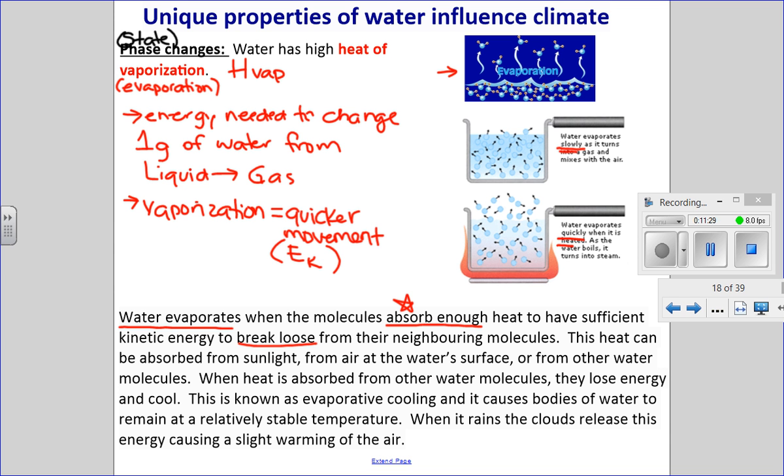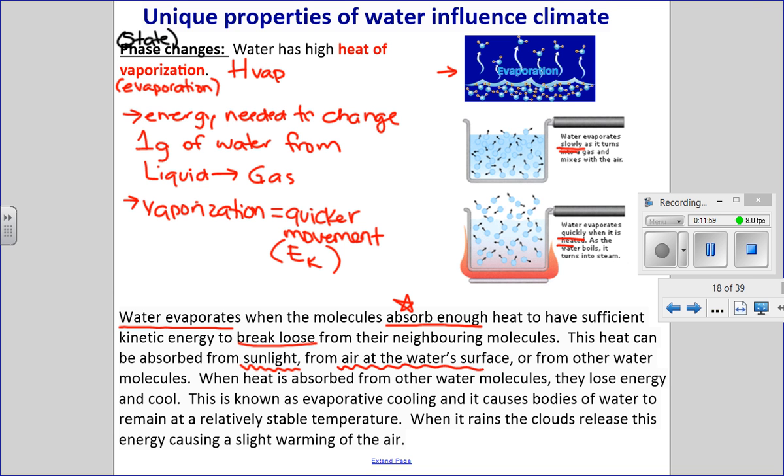So remember, energy doesn't come from nowhere. If I'd like my water molecules to evaporate, they have to get heat from somewhere. It can't just mysteriously happen. So here are a couple of ways that this heat can be obtained. Sunlight, of course. And that's a major way that water is heated if we take the globe as a whole.